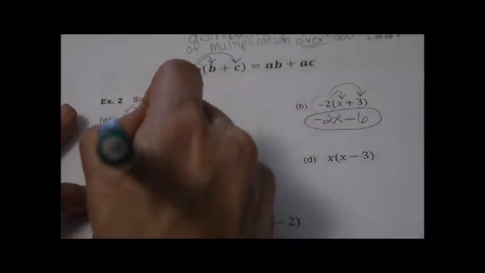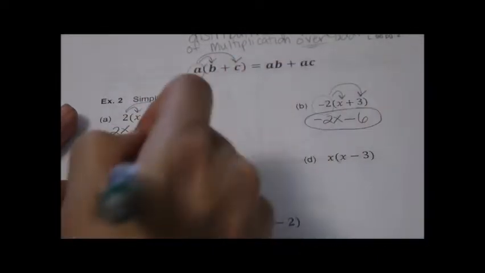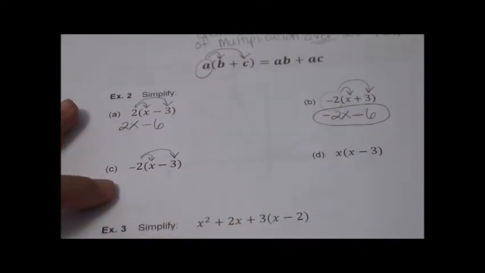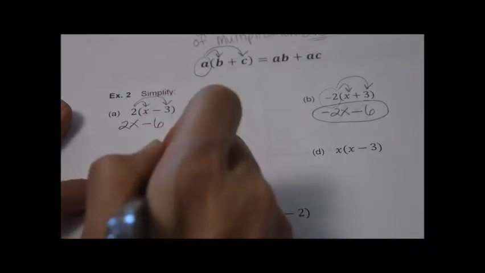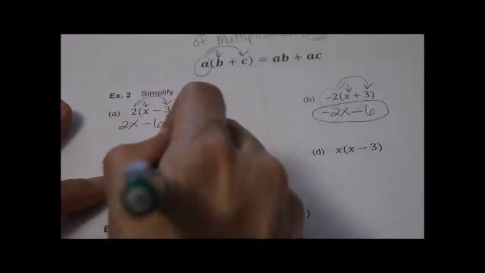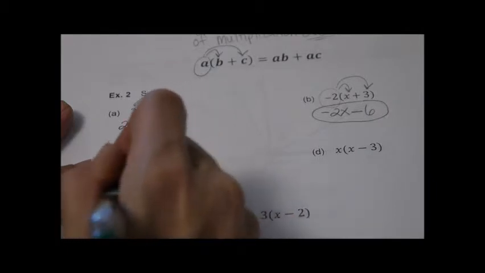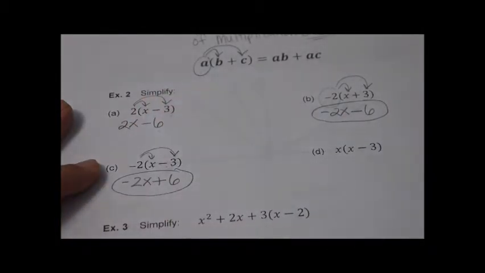How about this one? This one's trickier because we're going to do a negative times a negative. So -2 times x is -2x. -2 times -3, when we have an even number of negatives multiplying together, they become positive. And we get -2x plus 6.